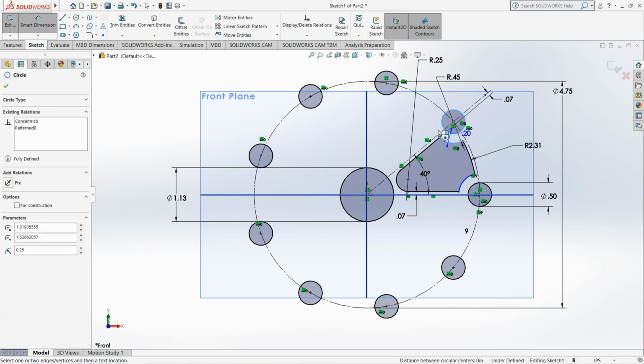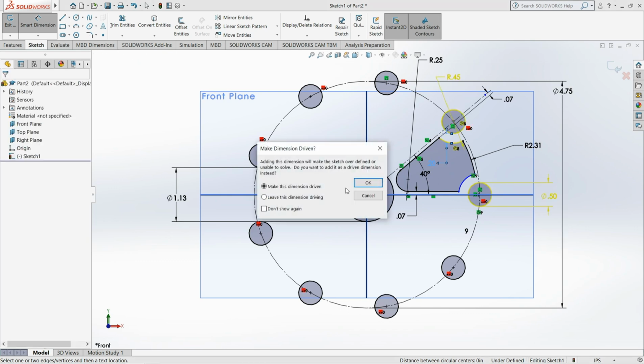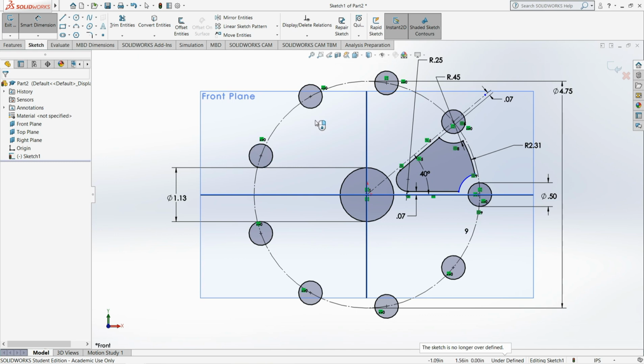See, it will not work because I already have the dimension, the radius is 0.45, so it will be over defined. So at first I have to delete the 0.45 radius here because it is not given. But I clicked it earlier, that's why it is saved. So I need to delete this now. I don't need this value.